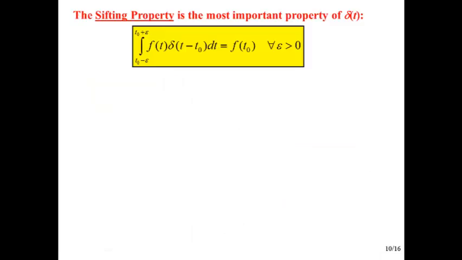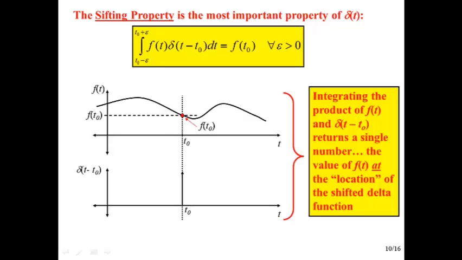Now that leads us to this sifting property, not to be confused with shifting. This is sifting, but it does involve a shifted delta function. If we take a shifted delta function, we know that this thing lives, quote unquote, at time equal to t0, and it's 0 everywhere else. So when we integrate this function around the point where that delta function is, it's 0 everywhere except at time equal to t0, and so it kind of grabs the function at that point. Here we're illustrating this.